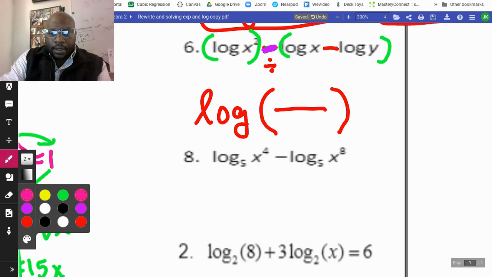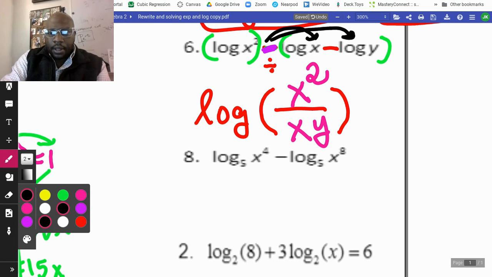So my first value is the x squared, goes right there. And the second value is really the x and the y. Now, you probably wonder, why did you write it like this? Because if you go backward, you distribute the negative to this one and then the negative to that one right here. You should have negative log x plus log y.